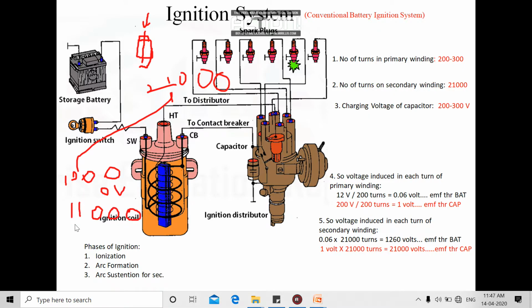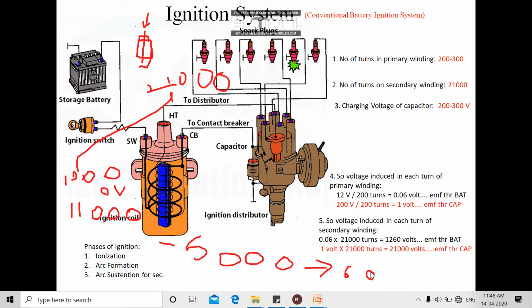Now out of this 11,000, suppose 5,000 is consumed to jump. From this 11,000, 5,000 is subtracted, and how much is left? 6,000.